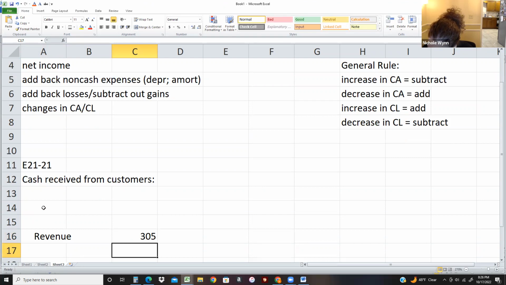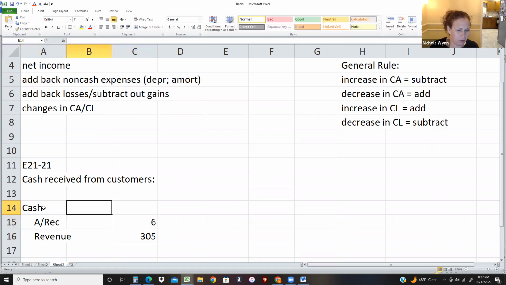Looking around, I see that accounts receivable decreased, a decrease in accounts receivable of 6. And then I have inventory, accounts payable, salaries payable, prepaid insurance, and income taxes. So cash received from customers must be 311. That's the answer for cash received from customers.